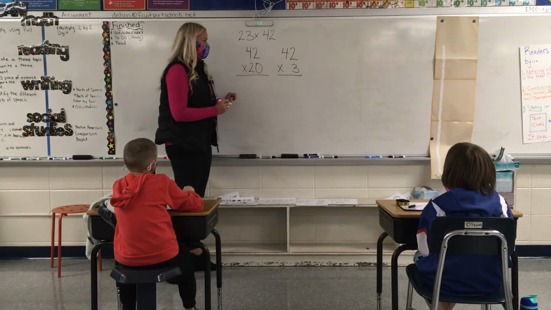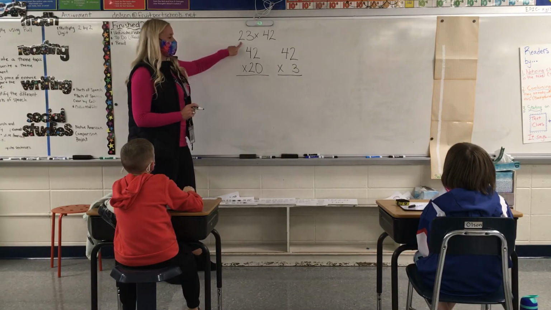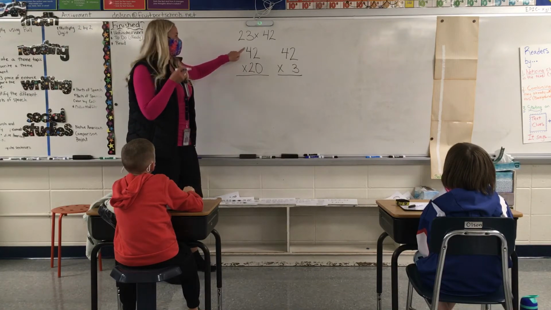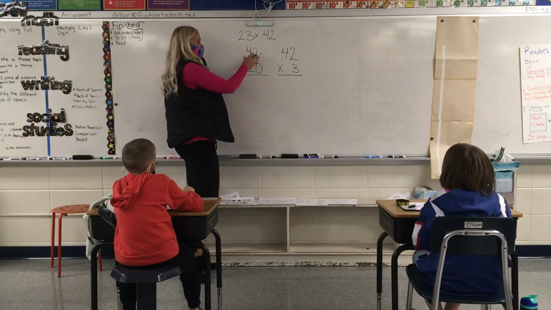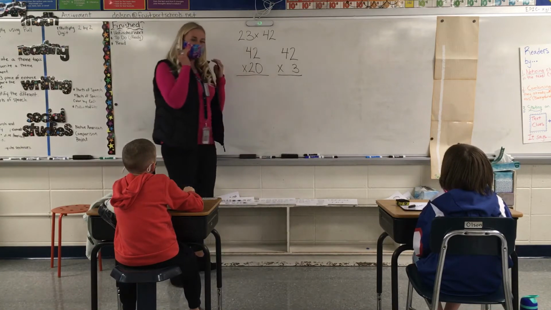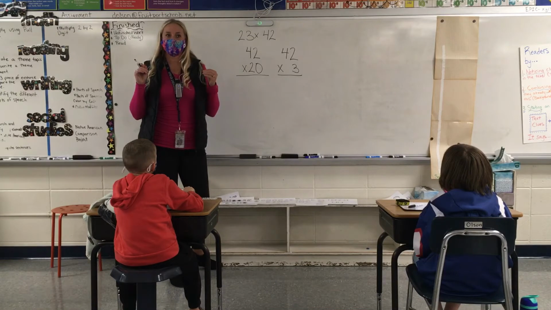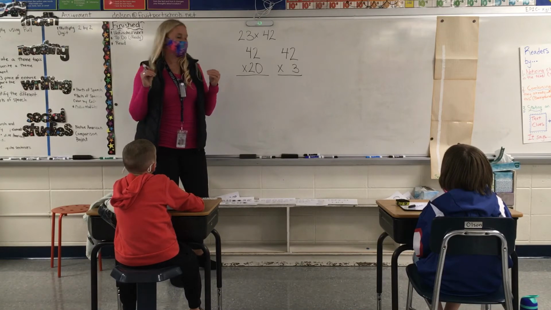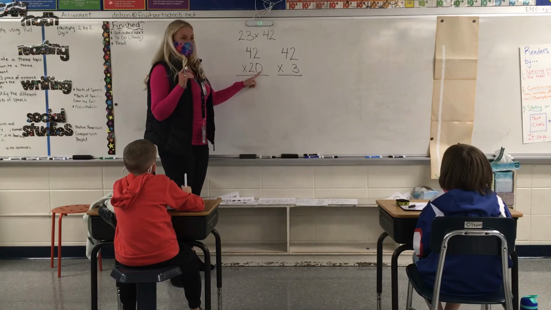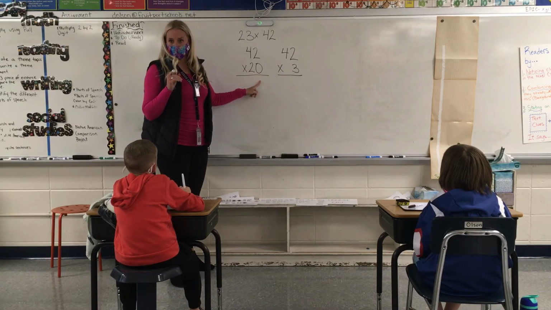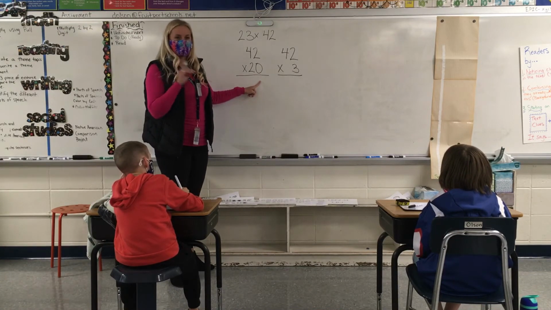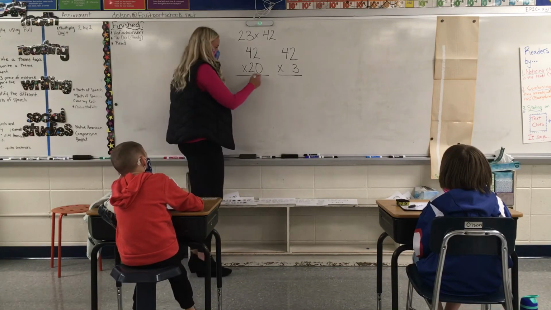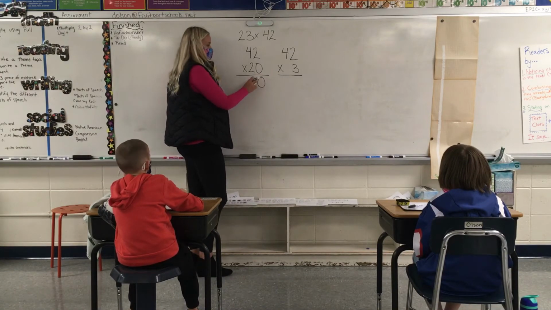In this situation, I've expanded out 23, but I've kept 42 the same. I'm going to use my knowledge of multiplying multiples of 10, by dropping the 0 right away and holding that place value. Because ultimately, in the end, I know that it needs to get 10 times bigger. Okay, so I'm going to drop that 0.